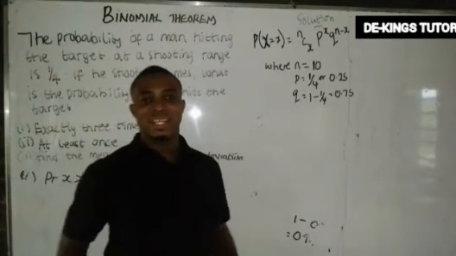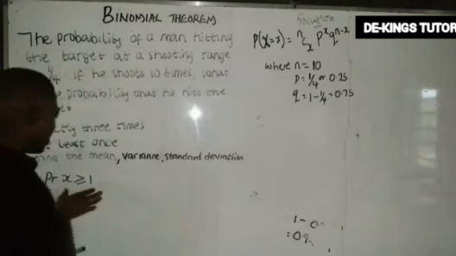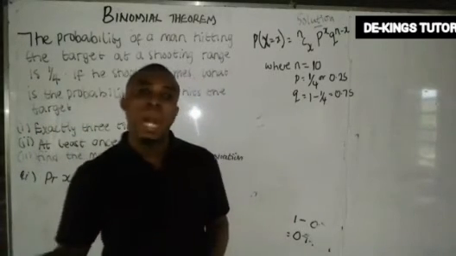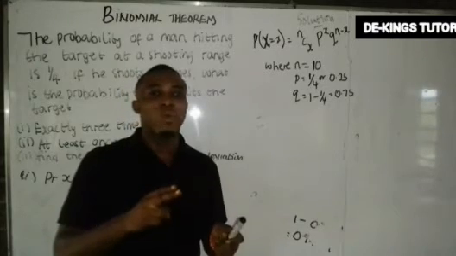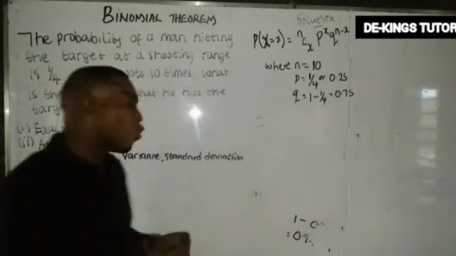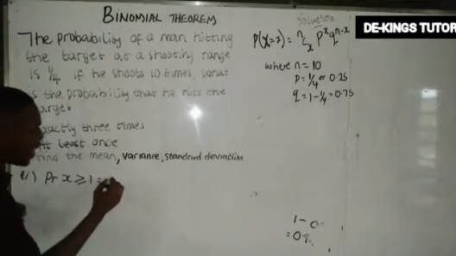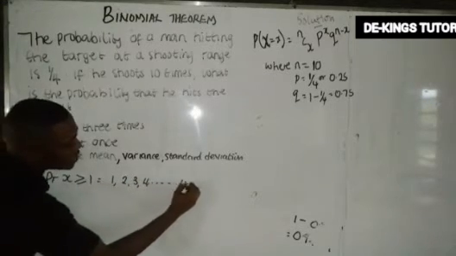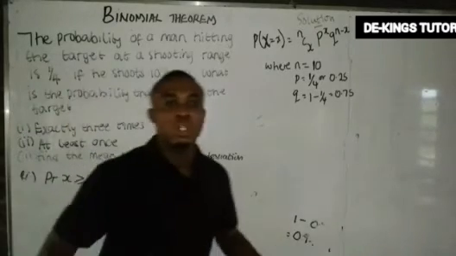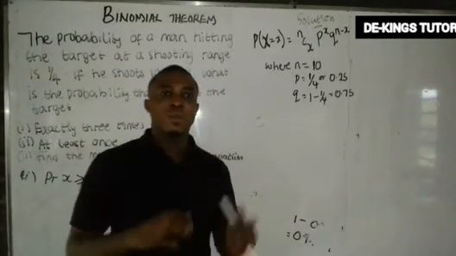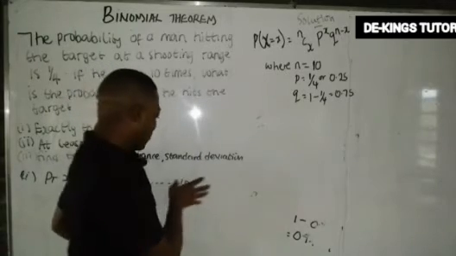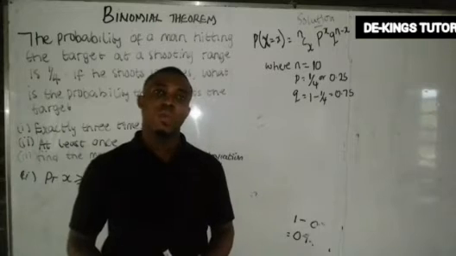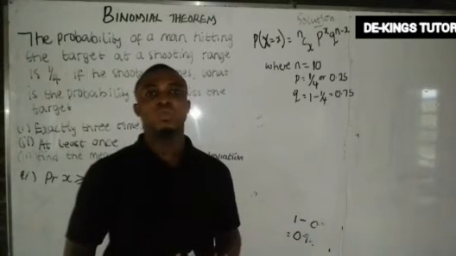They said exactly 3. So if they said at least once, it means that if the man shoots 10 times, he's going to get the target once. It means that we are going to solve when x is 1, 2, 3, 4, up till 10, because 10 is the number of trials. Because in binomial, our x value stops where the number of trials stop. Whenever you get a question relating to that.